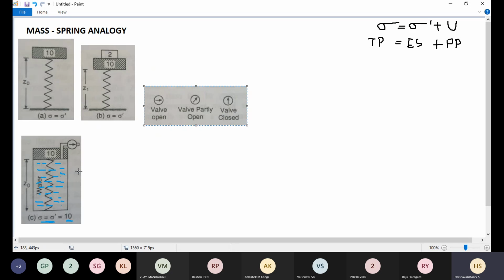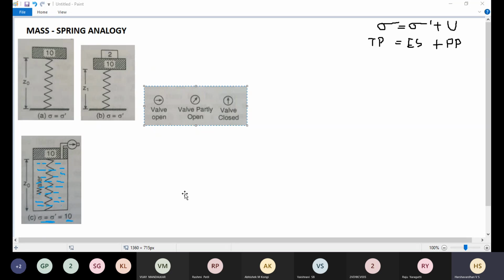So in the first case, the valve is open, meaning the water can flow out. Here the entire stress is carried by the spring. If you apply some pressure on water, the water is going to flow. But here, because no water is flowing out even though the valve is open, the entire system is in equilibrium, and the total stress is carried by the spring.